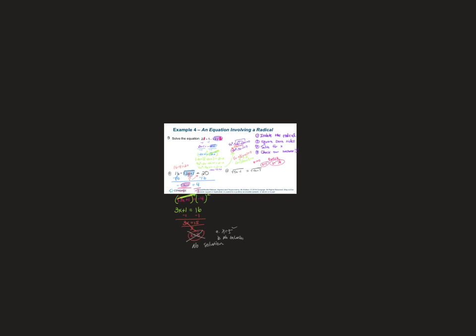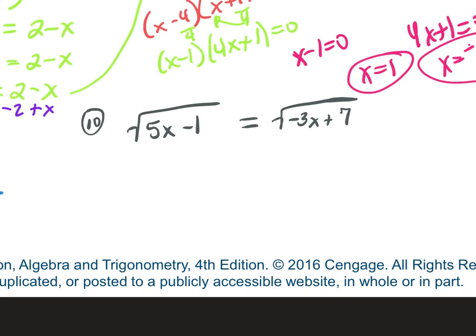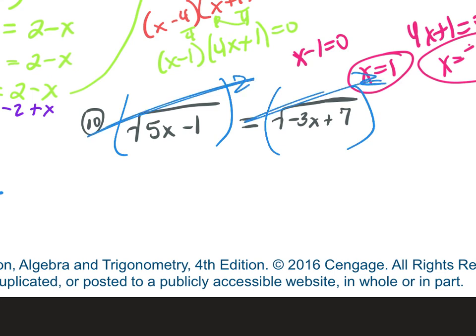All right, let's look at the last one. This is actually one of the easier ones. Are all of my radicals already isolated? Yes. So once they're isolated, you square both sides, right? When you square a square root, what happens? Yeah, so I have 5x minus 1 equals negative 3x plus 7.